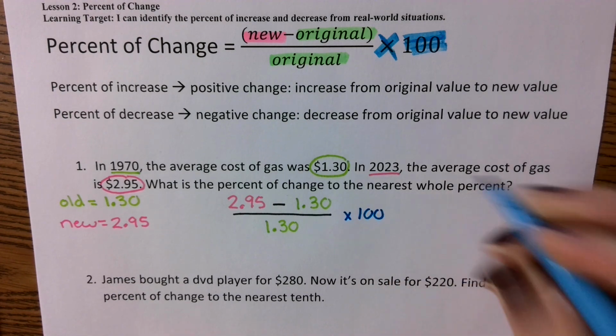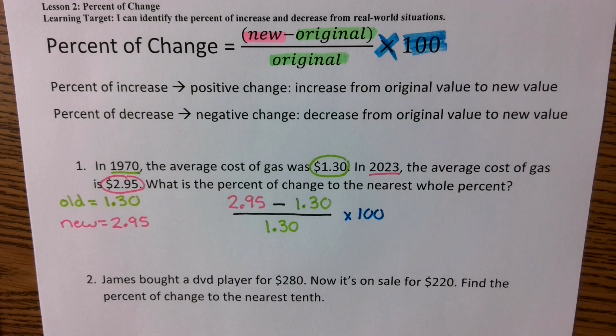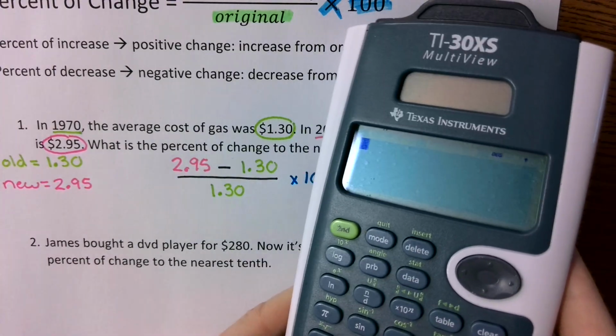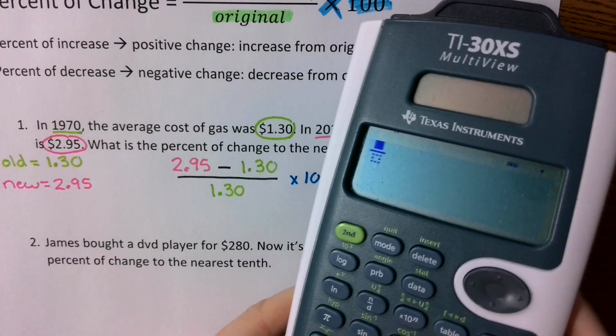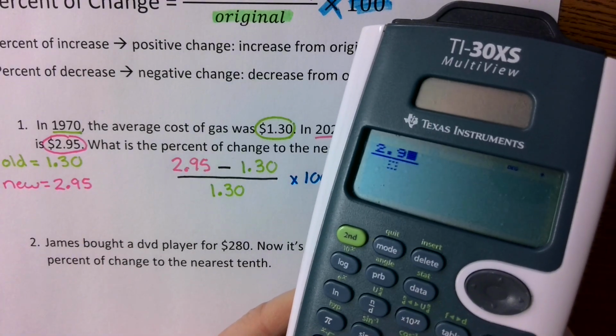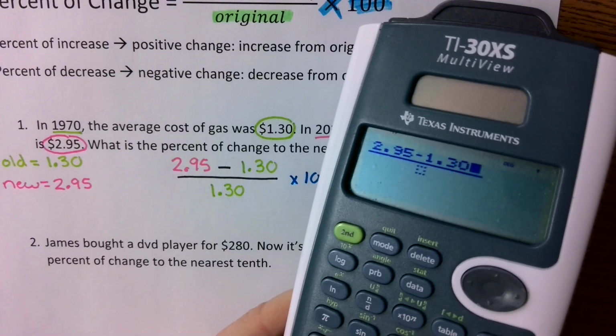And again, guys, you do not have to do this little bit by little bit. You can physically take your calculator, whether it's your Desmos calculator or your handheld calculator, and you can type it exactly as you see. So I see that I have a fraction. On the top of my fraction, I've got this subtraction problem, 2.95 minus 1.30.